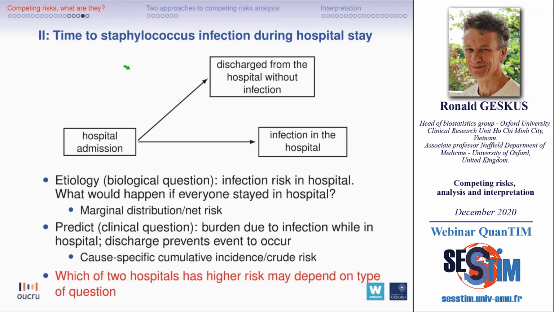So the marginal distribution may be higher in hospital A, but the cause-specific cumulative incidence may be higher in hospital B.